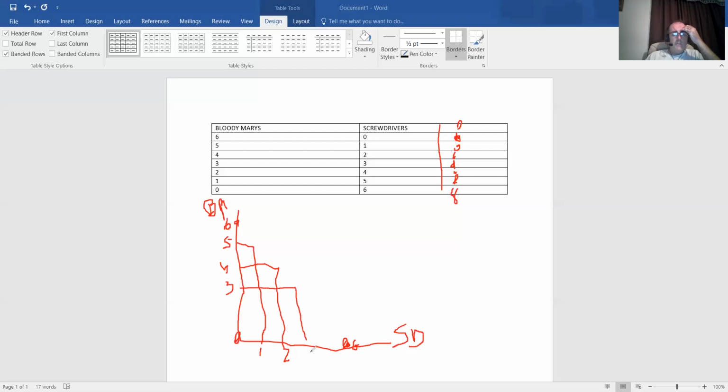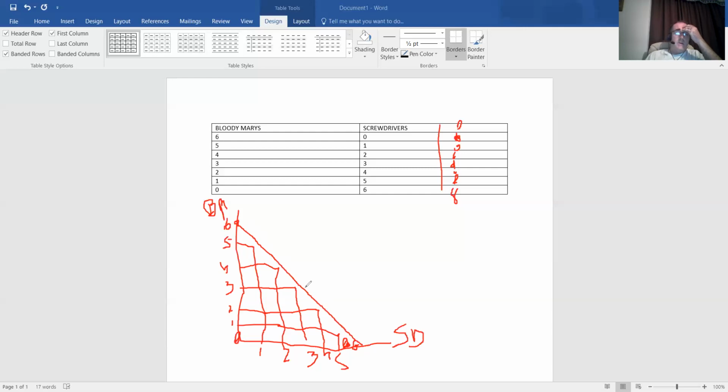The next one is going to be 2 and 4. The next one is going to be 1 and 5. Now, obviously, I'm not doing a good job doing this by hand, but you get the idea. So we're going to join all these points together. So we have point A, point B, point C, point D, point E, point F, and point G. If we draw these lines together, we should get a straight line, which I don't because I'm bad at drawing with this.